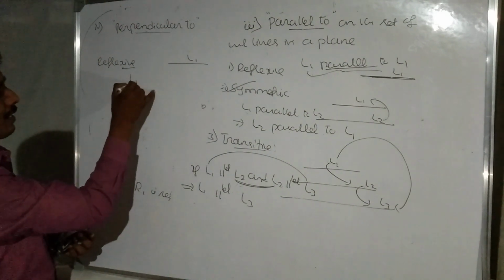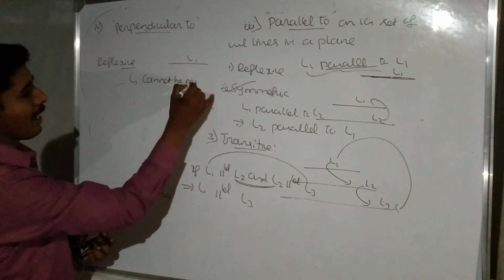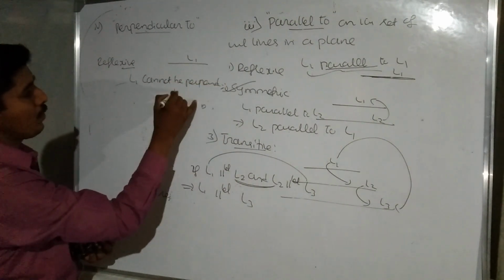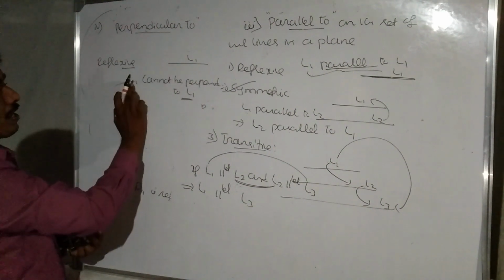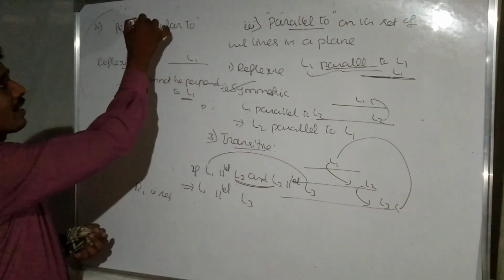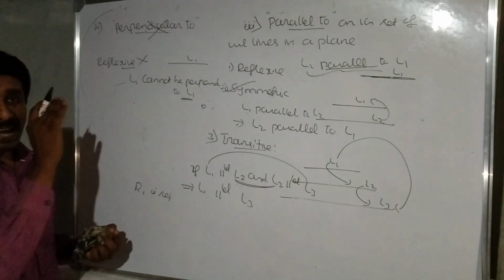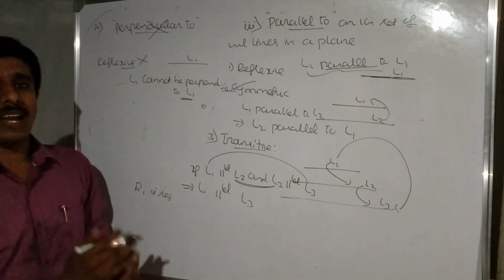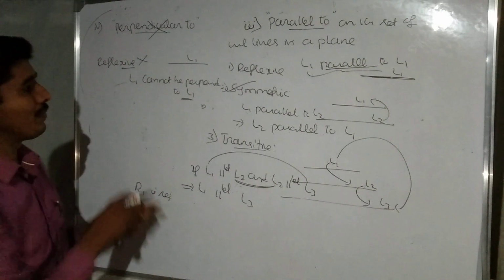Here L1 line cannot be perpendicular to itself. Here relation is perpendicular to, but L1 is not perpendicular to itself. Therefore, perpendicular to relation is not reflexive. It is not reflexive, which means it is not an equivalence relation.